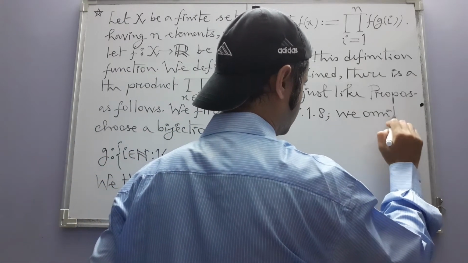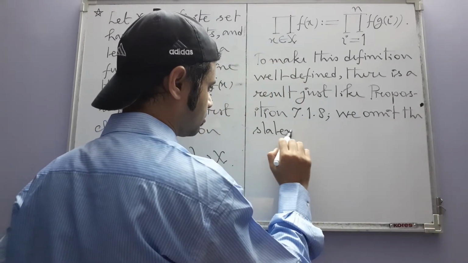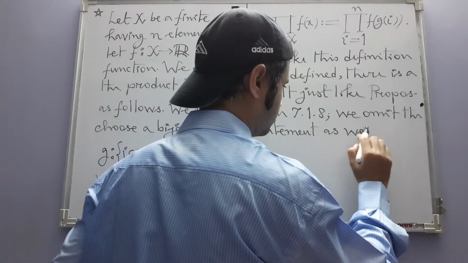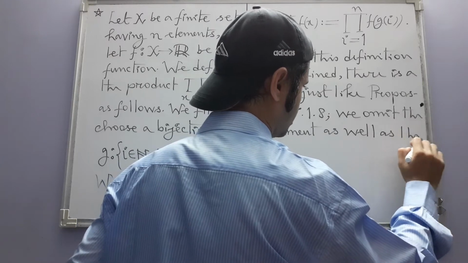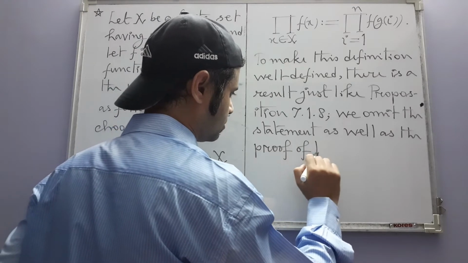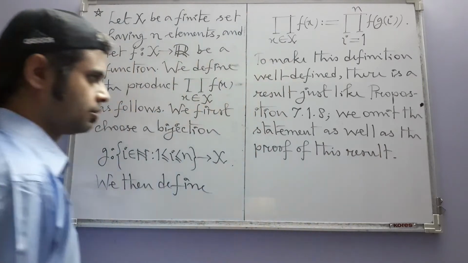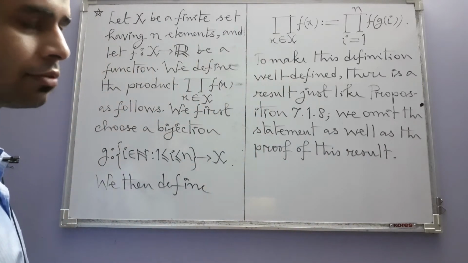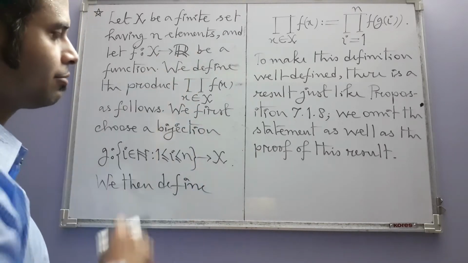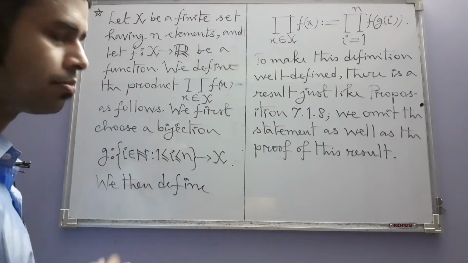We omit the statement as well as the proof of this result. So we assume that we have in fact already stated that result, we have proved it, and because of that this kind of products are well defined. Now we move forward with that assumption.